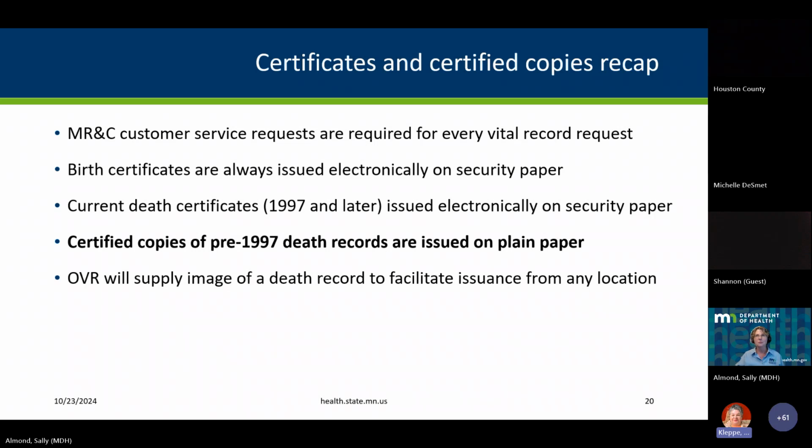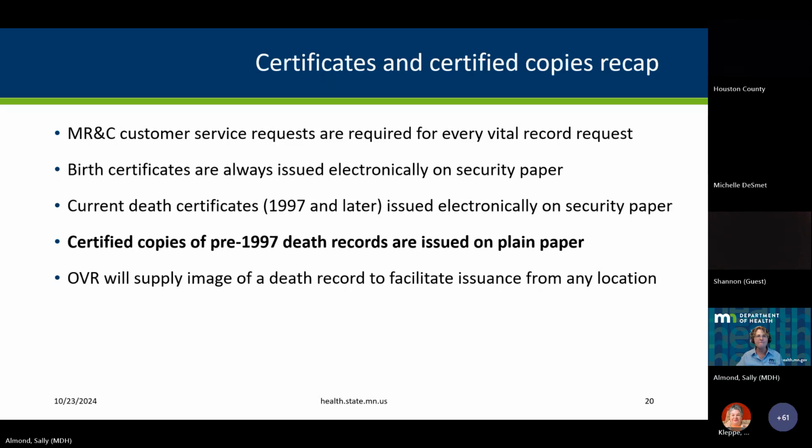We can't print it on plain paper. Is there a form that we are supposed to use when the death record is in an old book? No, we don't have a form for you. You can follow your process that you're using now and make sure you enter that request in MRNC. Thank you, that was it.